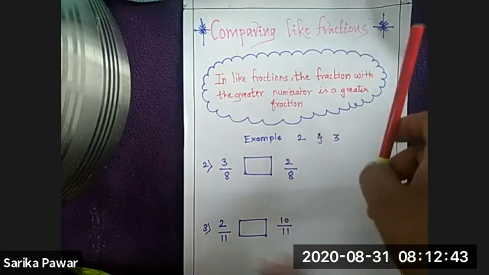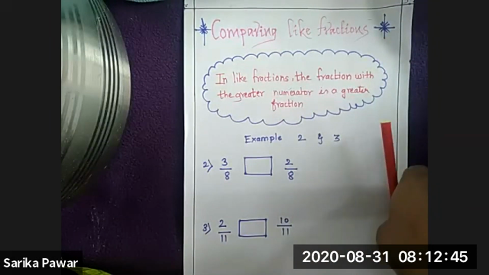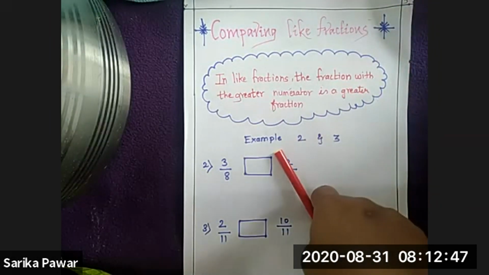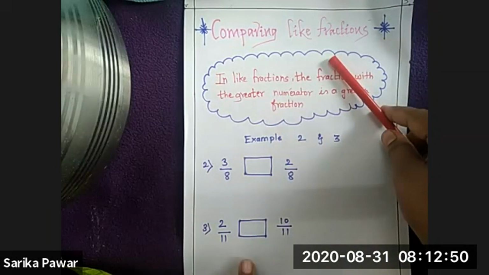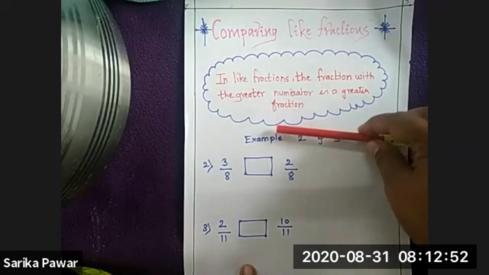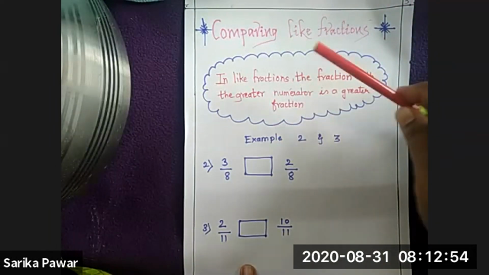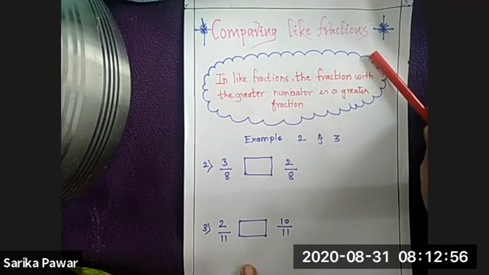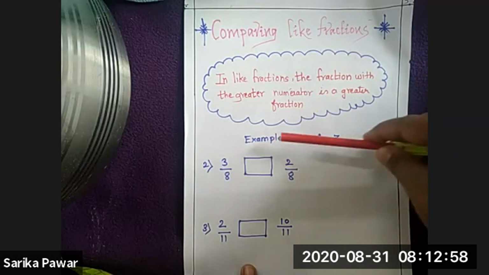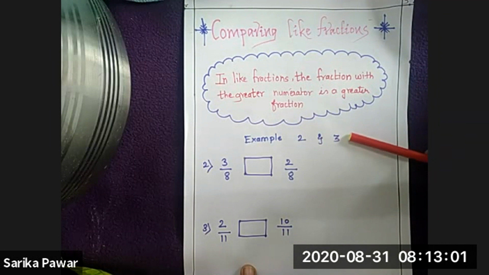I am not going to solve the 16 examples serially. I will take examples as per the rules. Examples 2 and 3 follow the comparing like fractions rule. So I am solving example numbers 2 and 3 here.